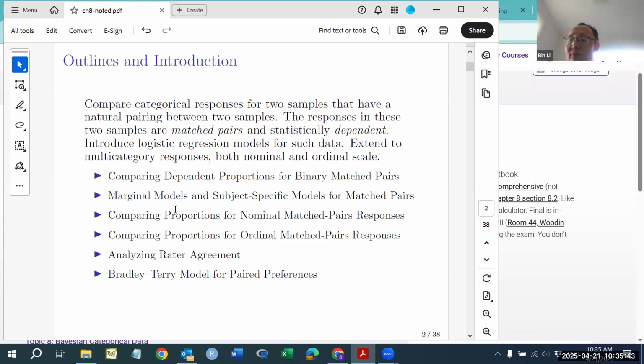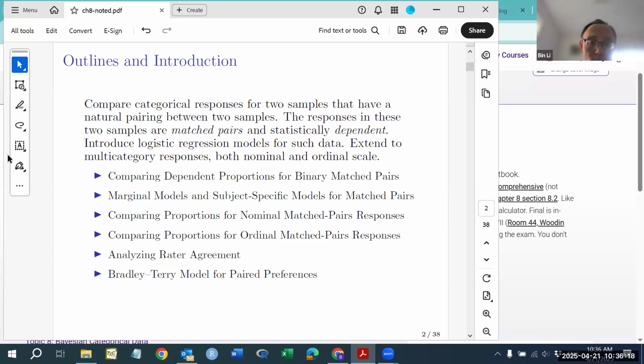Because different people have different skin types and different activities, which may affect the results. But if you apply two different treatments to the same person, you can easily compare the results, because all the other factors like genetics, activities, diets, and any other confounding factors are controlled within the same person. So that's the main reason why we use matched pairs.